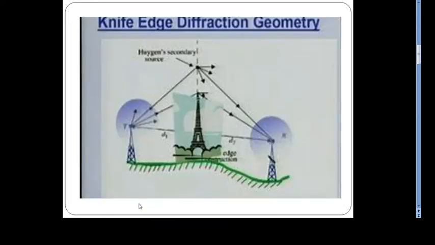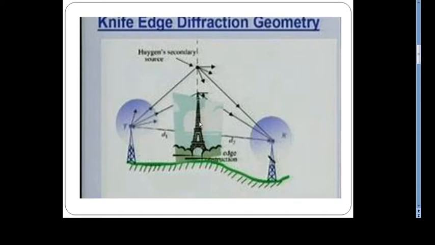So we define a single knife edge diffraction geometry or model. Here the transmitter is mounted on top of a tower, and the receiving antenna is also mounted on the top of a tower. The transmitting and receiving antennas are not at the same height, and there is one obstacle present between them.